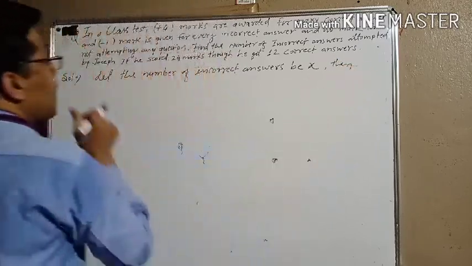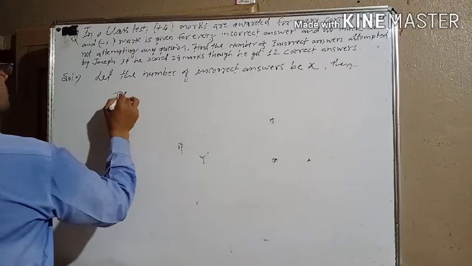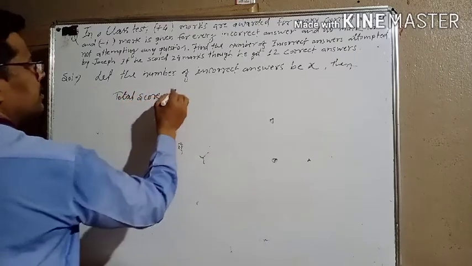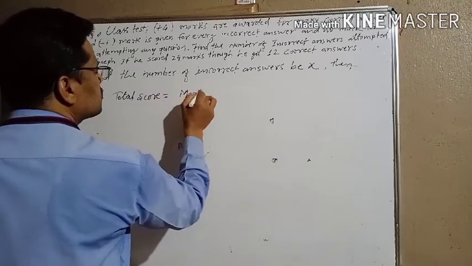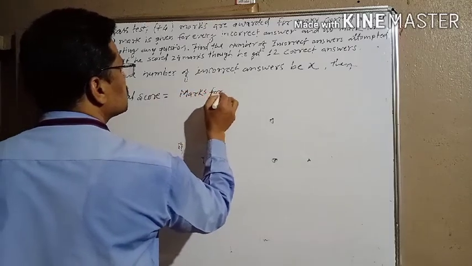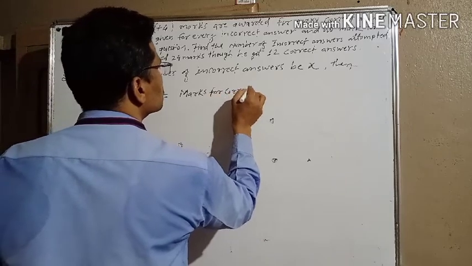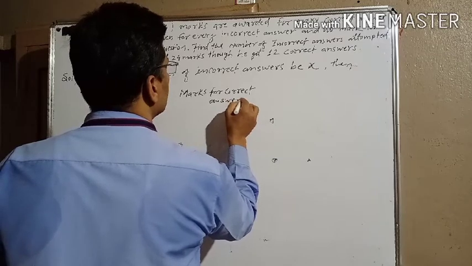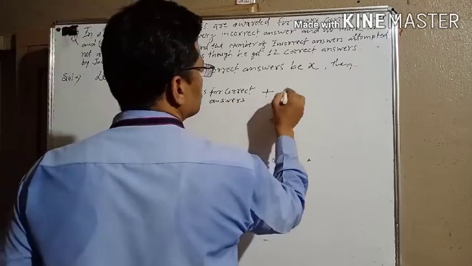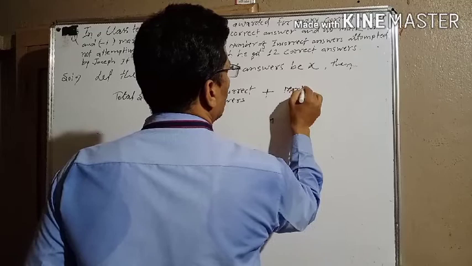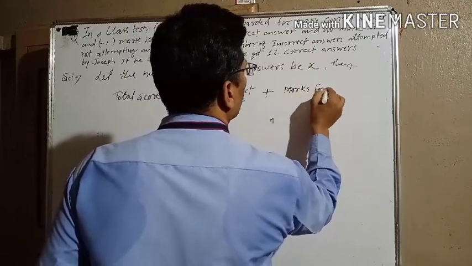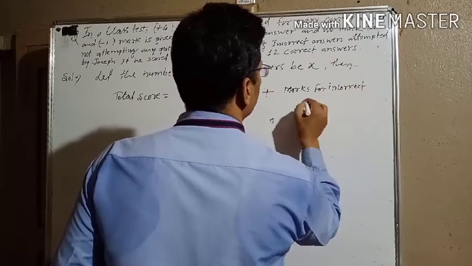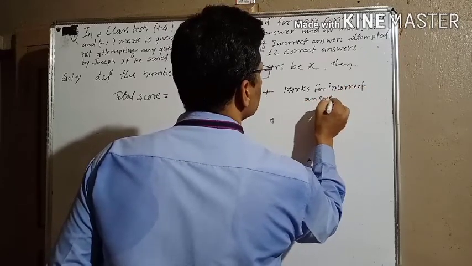Then we can write total score, and here we can write marks for correct answers plus marks for incorrect answers.